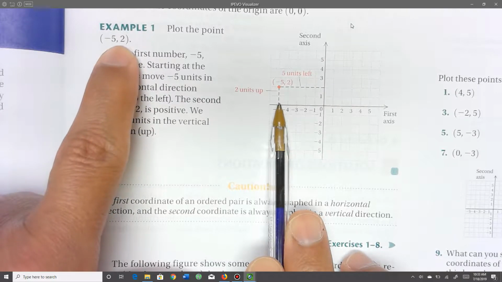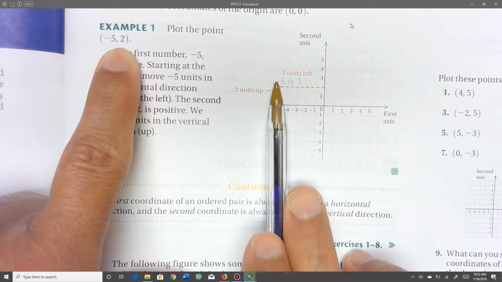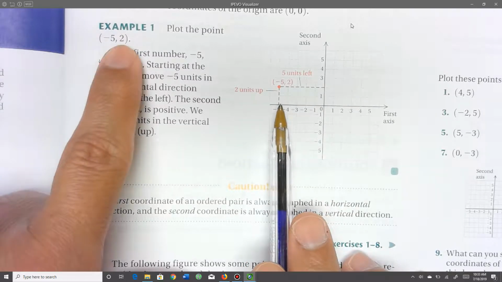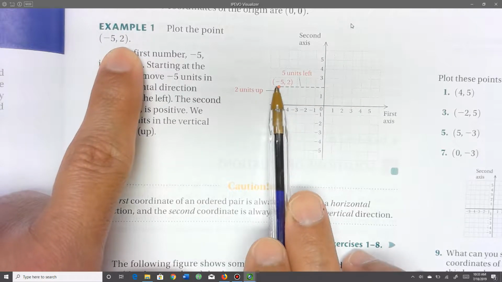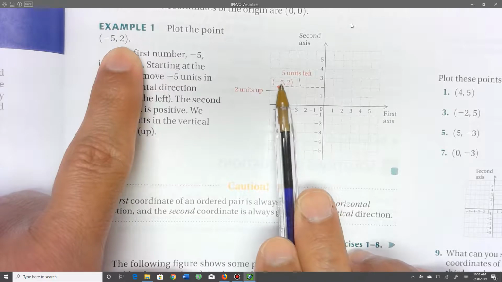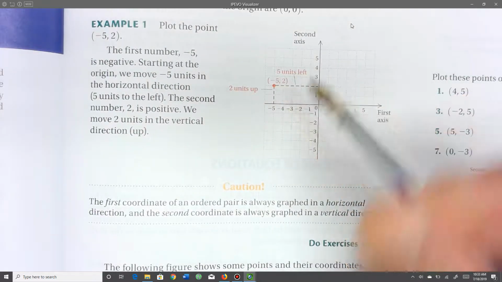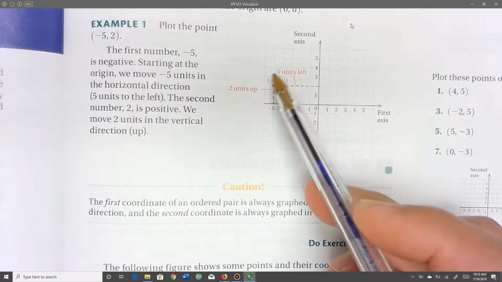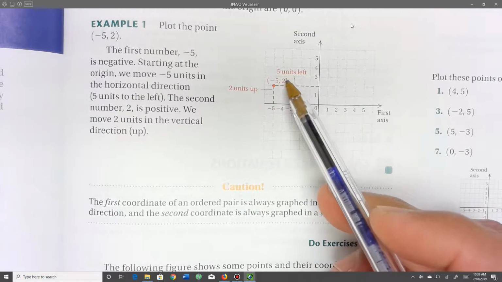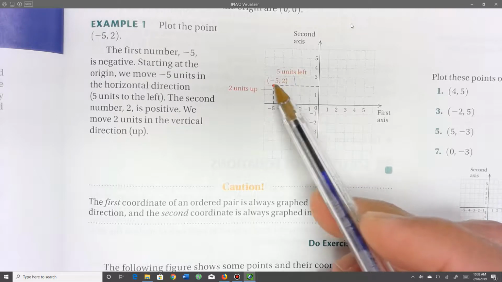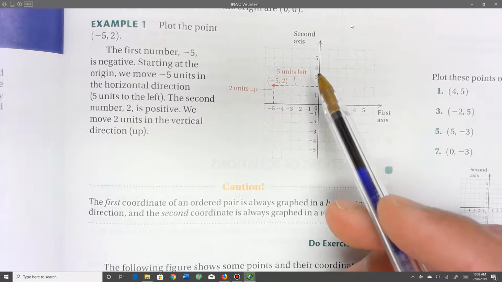So from here I move 2 units up because the 2 is positive. So I move up 1, 2, and plot my point there. That's my negative 5, 2 point or order pair, okay?